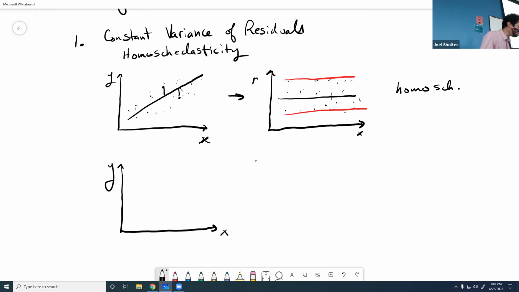So if we had something like this, I'm not going to necessarily draw it perfectly, but say we had really big scatter for low values of X, and then a little bit of scatter here, and then some more scatter here, something like that. We drew our line through there, and then we looked at a residual plot.